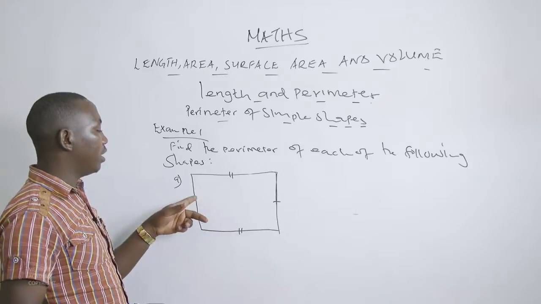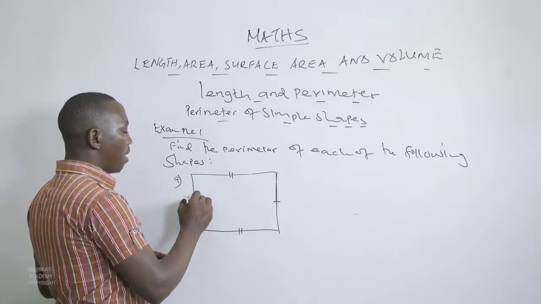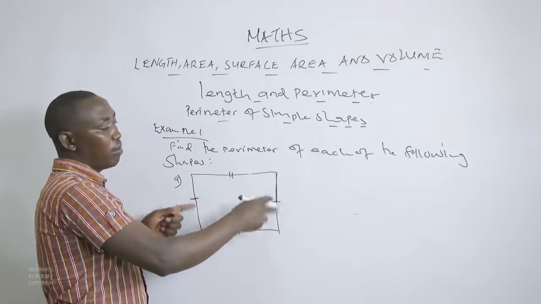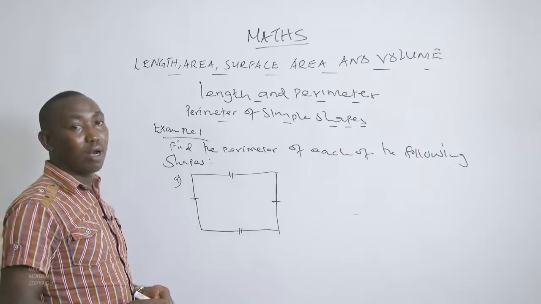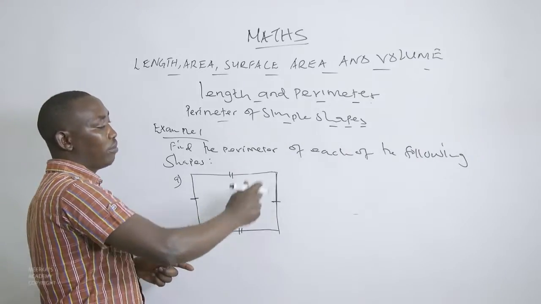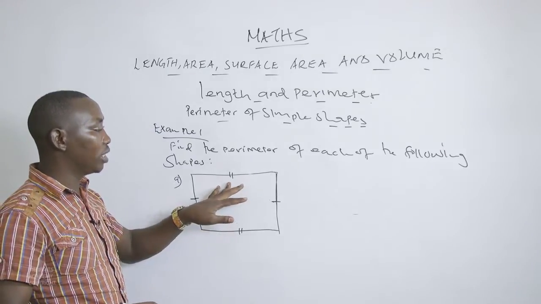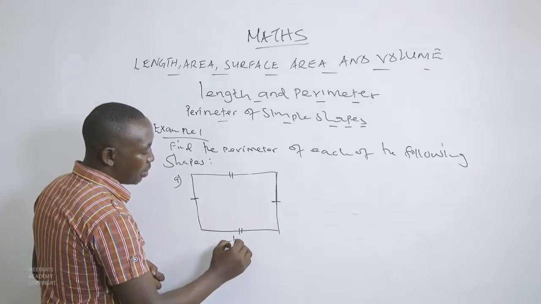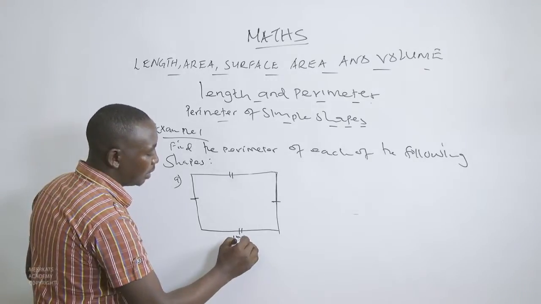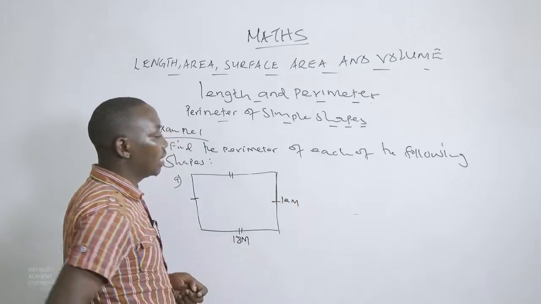In this case, these two sides are equal, so we have used one mark on both sides. But if the other pair are also equal, but of a different measurement, then we indicate them using a different mark, that is, 2 marks. We are told that this side is 18 meters, while the other side is 12 meters.